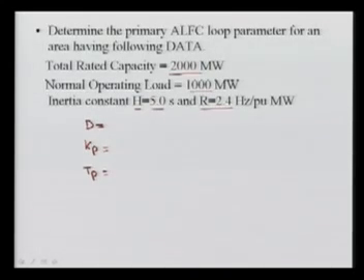Here let us take that this is linear, means for a 1% load increase, that is load change, the frequency is also changed by 1%.